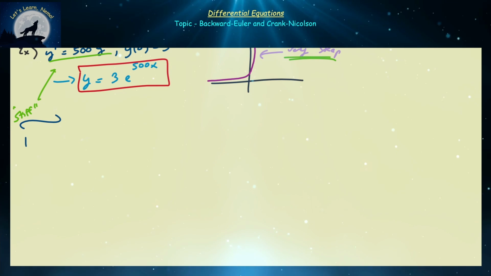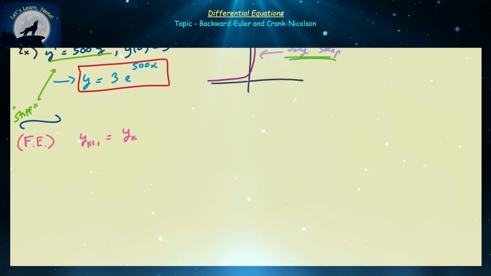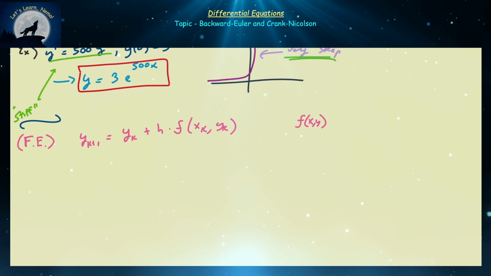So let's actually look at a forward Euler scheme on this particular solution and see what happens with it. So let's use a forward Euler approximation. So what is forward Euler? Forward Euler will be doing yk plus 1 will be equal to yk plus h times f of xk, yk. And keep in mind, our f of x, y will be equal to 500y.